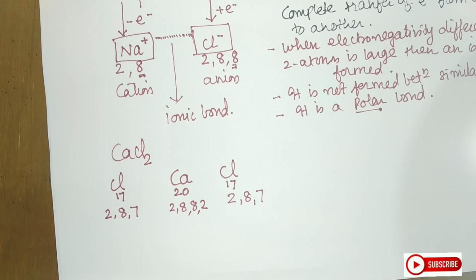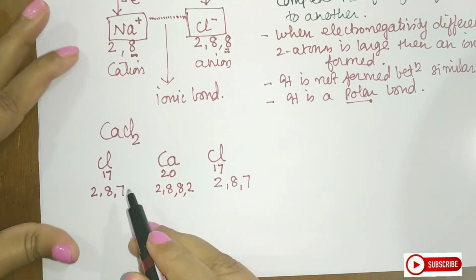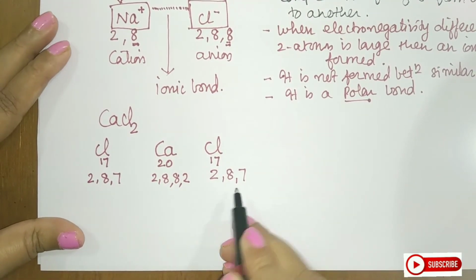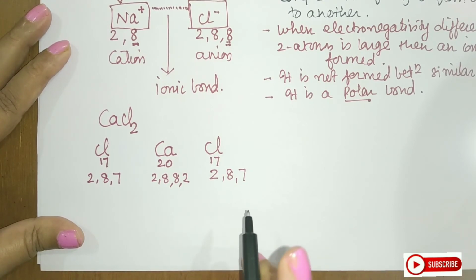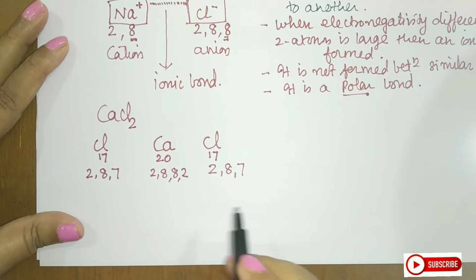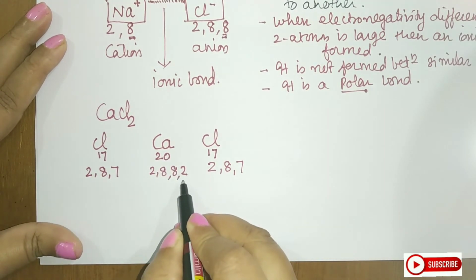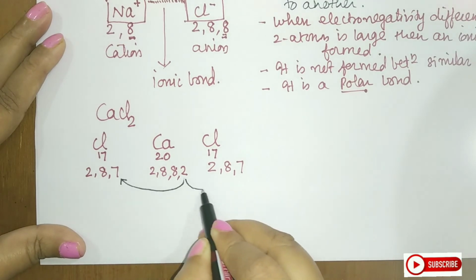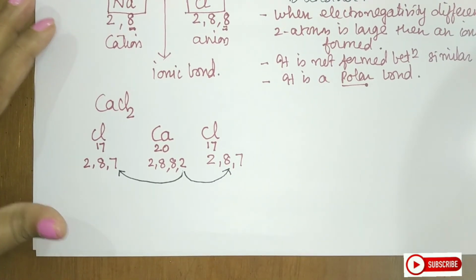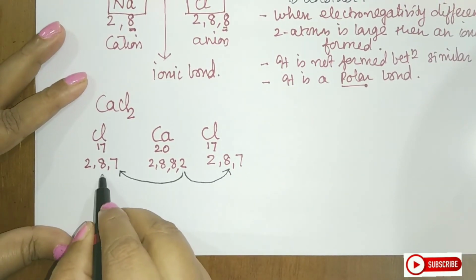Students, if you see the electronic configuration, calcium can donate its 2 electrons to chlorine. Now, if you see the chlorine atoms here, they are deficient of 1 electron, meaning they need 1 electron to get stabilized. So what will this calcium do? It will give 1 electron to this Cl and 1 electron to this Cl. After receiving this electron, what will happen to Cl?